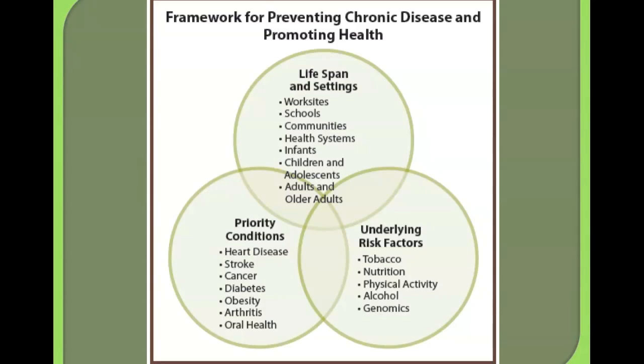That means we need to do it in work sites, in schools, and it's never too early to start, in community centres, in health systems. And we need to deal with it at all ages of the life cycle, in infants, children, adolescents, adults, and older adults. That is one way we're going to start to deal with the problem of chronic disease, by promoting health and hopefully reducing the amount of this problem.